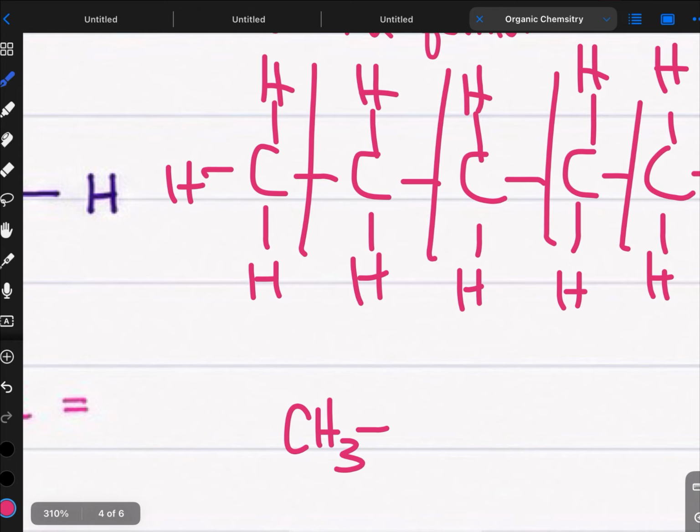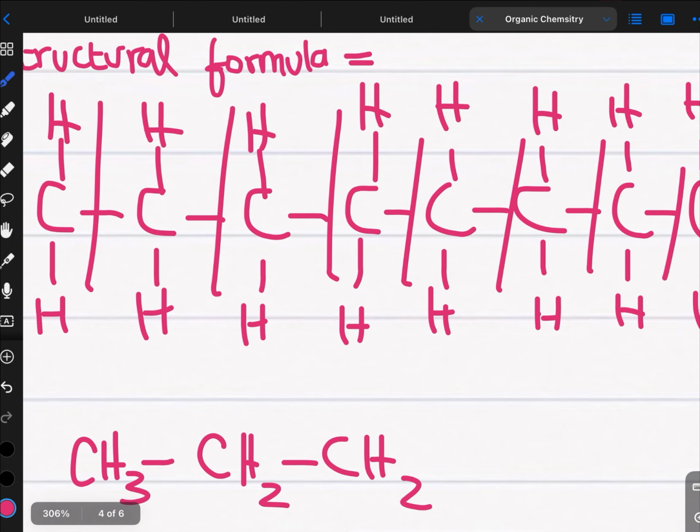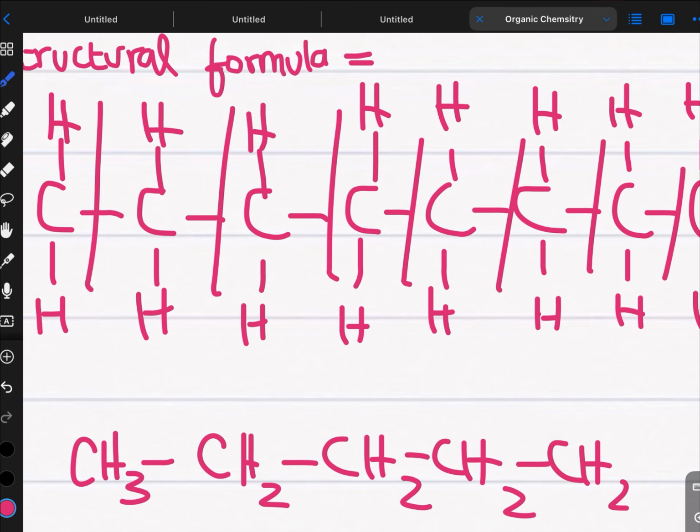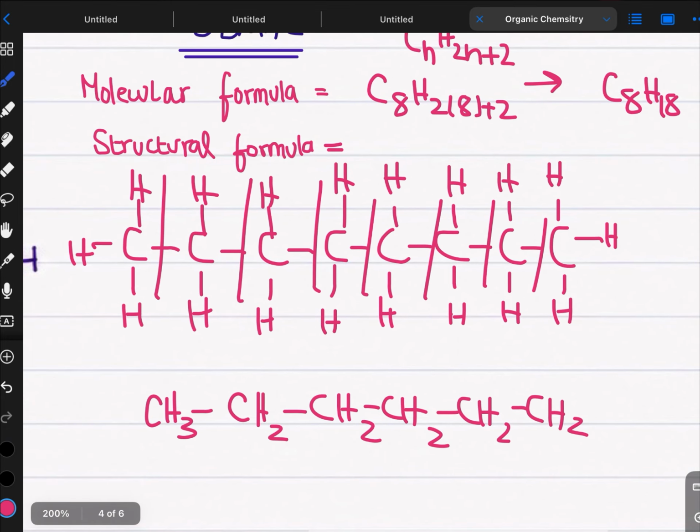We have C with 2H, CH2, another CH2, another CH2, another CH2, and another CH2. Then lastly, another CH2 with a CH3. So in total, we have 6 CH2s with 2 CH3.